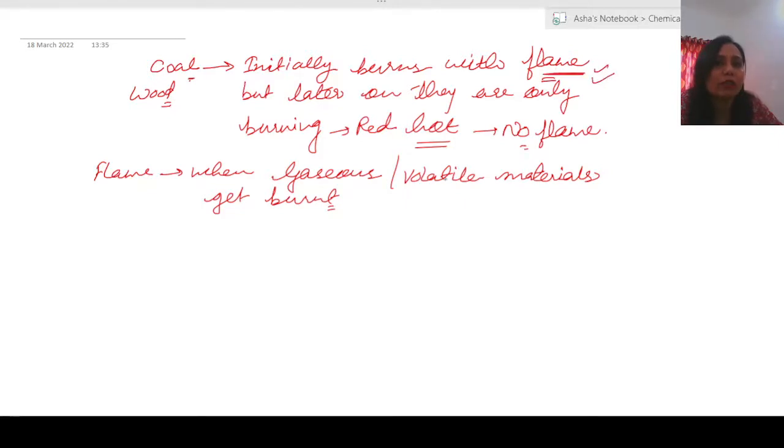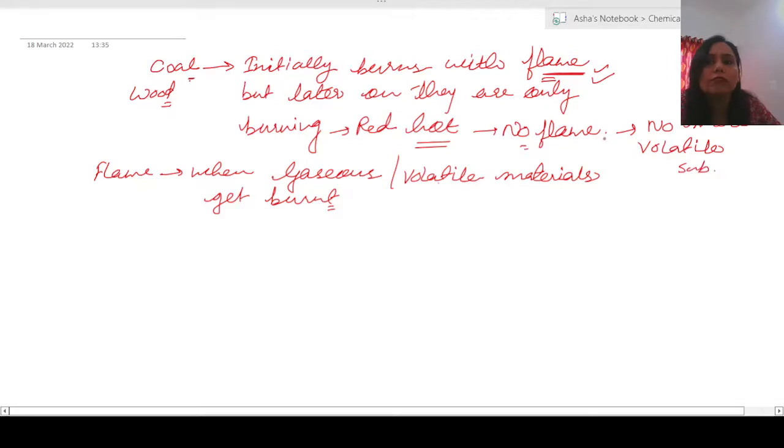But once the gaseous material is finished, and no more volatile substance is there, we will not see the flame. That is why later on they just keep on burning and become red hot, but they don't show us a flame, because by that time all the volatile substances in them are already burned. On the other hand, there are certain things which keep on burning with a flame, that is, they are gaseous in nature itself, or they are volatile.